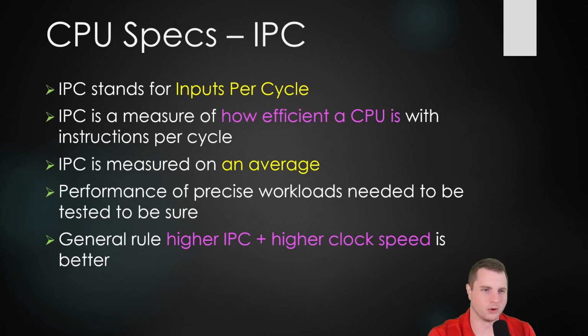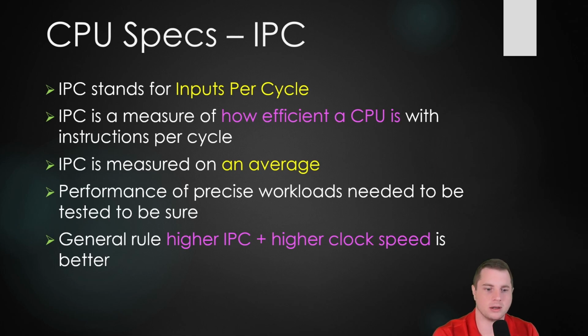So a lot of the performance advantages that you're seeing year over year or biannually that are coming out from Intel and AMD typically come from IPC and then architectural improvement or shrinking the node, which again, we're running up at a physical limitation there, and we'll go over that a little bit more here in a couple seconds because that's a different slide. Okay, IPC is measured on a average.